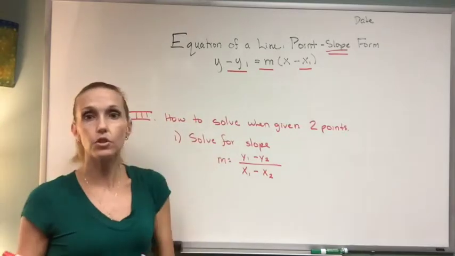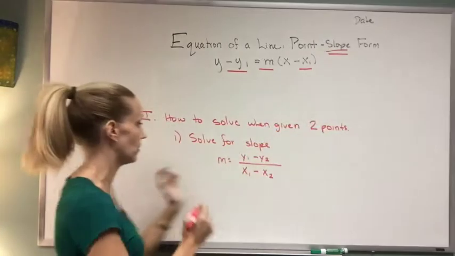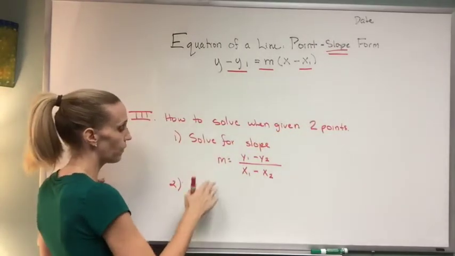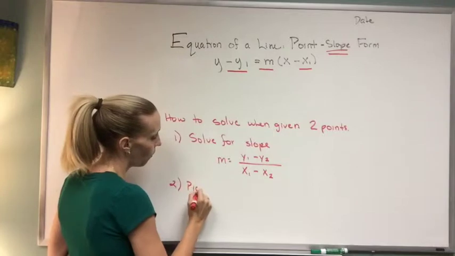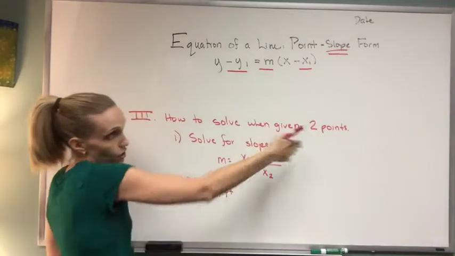So once you have your slope, you can then plug it in choosing either point. So once you solve for your slope, you're going to pick one point, and it doesn't matter which one of the two that you're given.